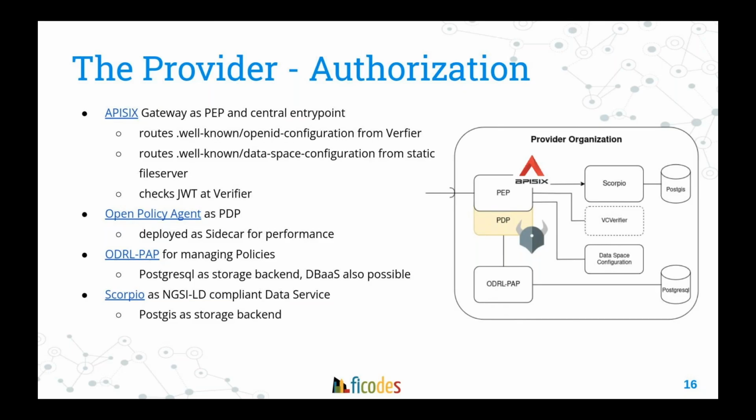It acts as the PEP for us, but we also use its routing capabilities to offer the OpenID configuration endpoint from our verifier, and also the data space configuration endpoint from a static file server, so that we could fulfill the, let's say, contract of the data space to provide the authentication information and also the data space information. APISIX also checks JWT tokens that it receives from a user at the verifier's JWKS endpoint.